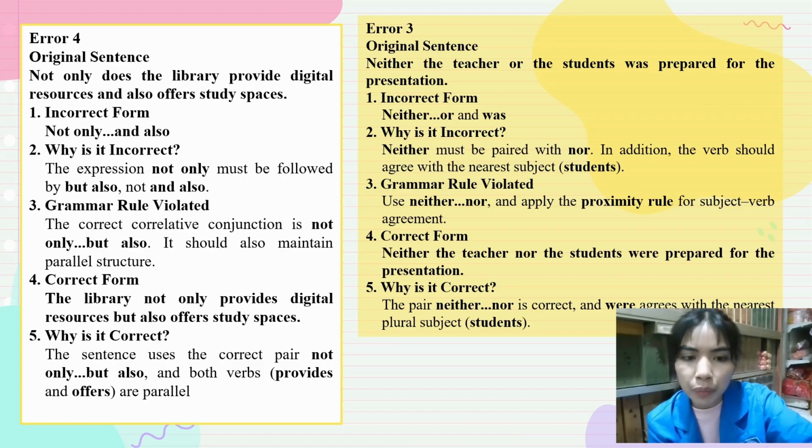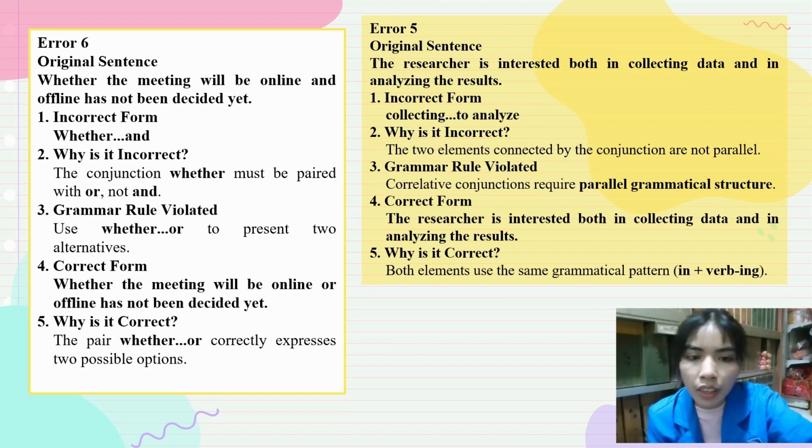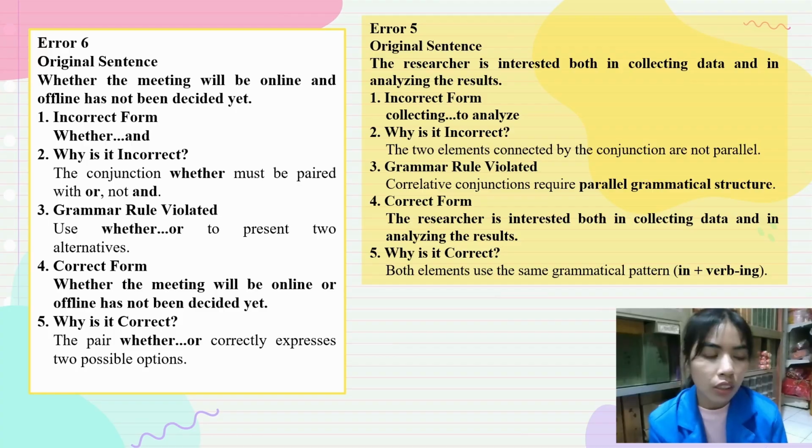And the fifth sentence breaks the rule of parallel structure because it combines collecting with to analyze. The correct form is collecting and analyzing.